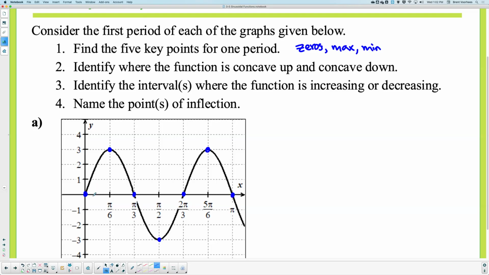So if I labeled out these coordinates, this would be what coordinate? 0, 0. Okay, what's this coordinate? Pi over 6, comma 3. Okay, here. Pi over 3, comma 0. The x goes first. Next one.